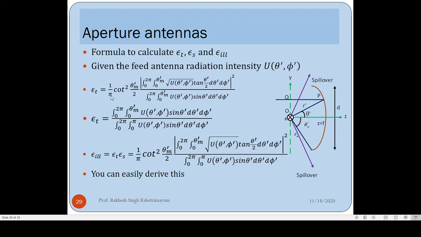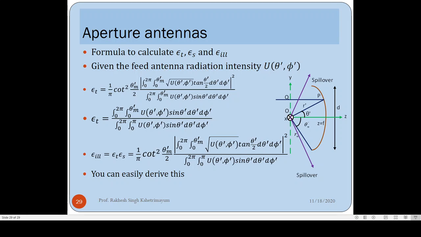Taper efficiency is 1 by pi cot square theta m dash by 2, times the integration from 0 to 2 pi, 0 to theta m dash, of the square root of U theta dash phi dash, tan theta dash by 2, d theta dash d phi dash, square of that, divided by, in the denominator, the integration over 0 to 2 pi, 0 to theta m dash, of U theta dash phi dash sin theta dash d theta dash d phi dash. What is theta m? Theta m dash is the maximum value of theta dash. This is at the rim of the parabolic reflector.